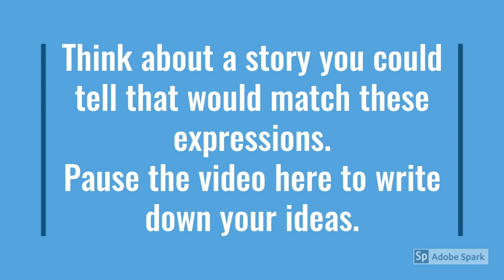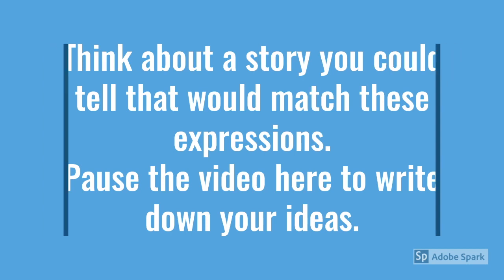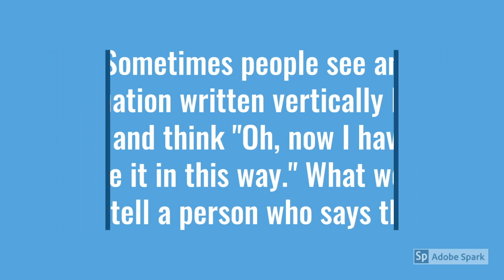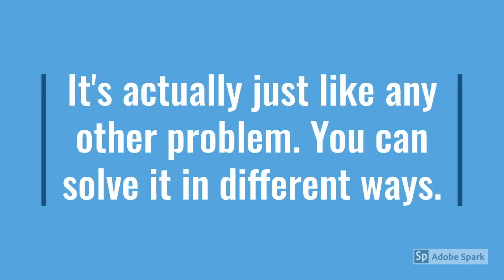46 minus 11. Sometimes people see an equation written vertically like this and think, oh no, now I have to solve it in this way. What would you tell a person who says that? It's actually just like any other problem.